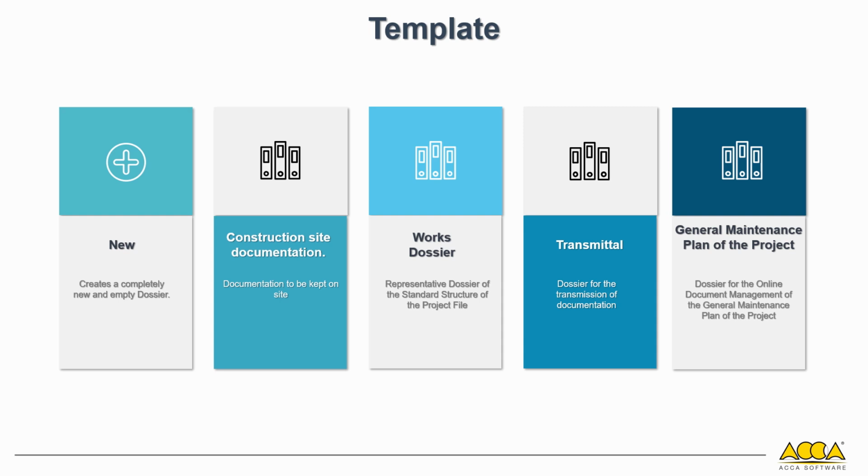Work folder contains all essential risk prevention and protection information for workers. Transmittals manages documentary exchanges between various stakeholders with tracking capabilities. Maintenance plan dossier manages the general maintenance plan for a project as per regulatory requirements.